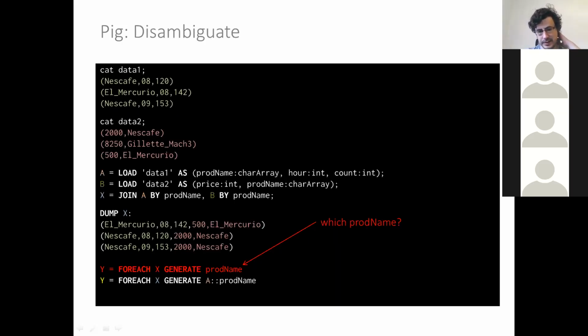So this will generate then the product name from A. So we can use this operator here to disambiguate from which column we're referring to in ambiguous cases. And if we try to refer to a column when we have 2 columns with that name, it will throw an error and ask us to be more specific. So in this case, we return the product name from A, which would be this here. Okay.